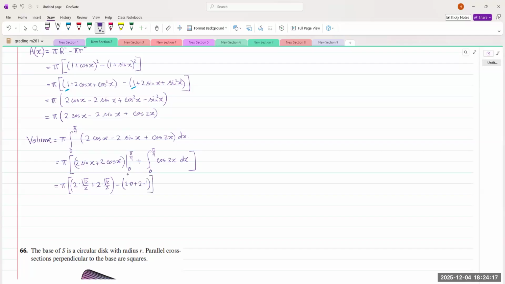And then plus this integral here, which will be pi times, let me do u substitution, u equals 2x, so du is 2 dx. The limits of integration should change also. That will be from 0 to pi over 2 of cosine u du over 2.